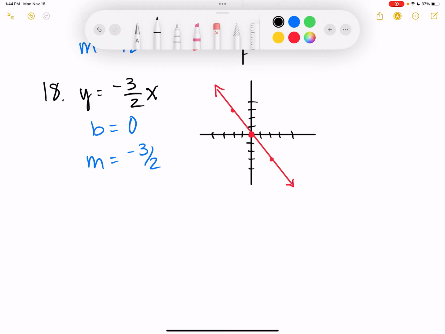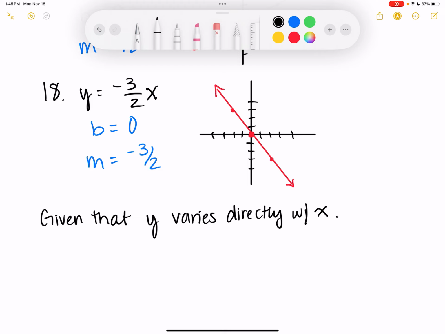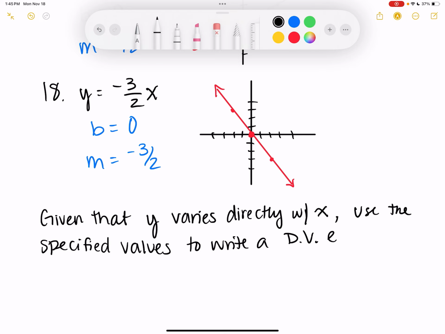So it says, given that y varies directly with x, use the specified values to write a direct variation equation that relates x with y.